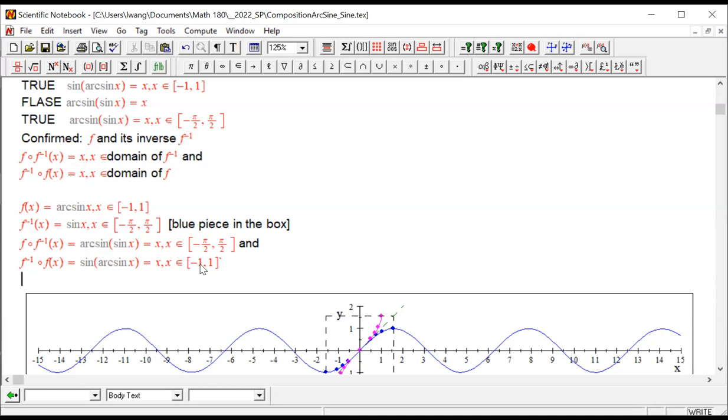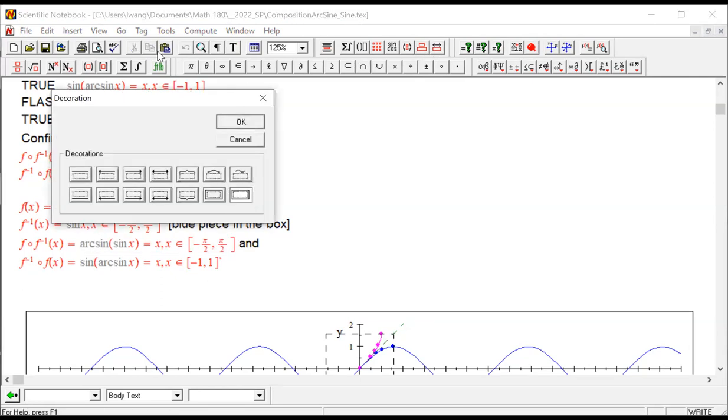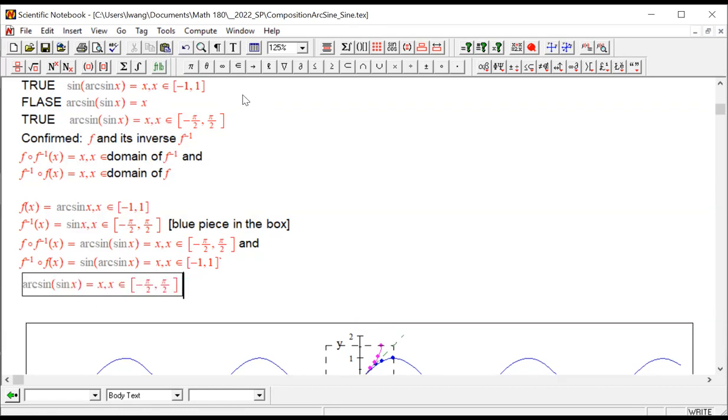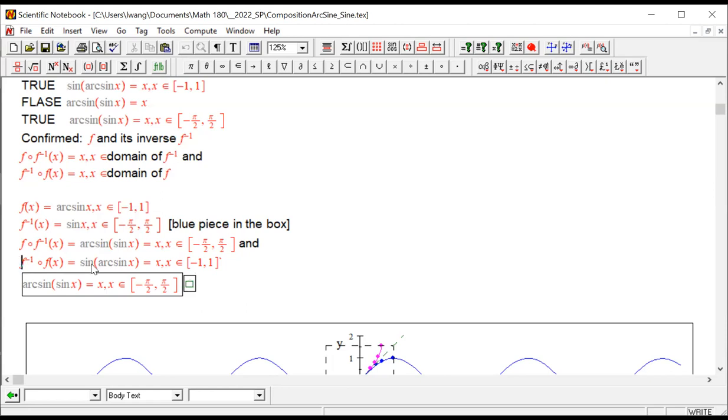In our particular case, the first one is right here, and the second one is this guy, where x is from -1 to +1.